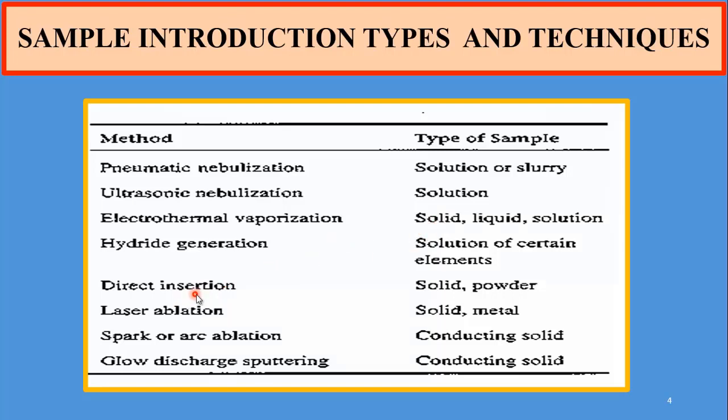But direct insertion or laser ablation are mostly used if our sample is in solid powder form or solid metal form. Spark or arc ablation and glow discharge sputtering are also used for conducting solids. So these are the methods which we select on the basis of the type of the sample.